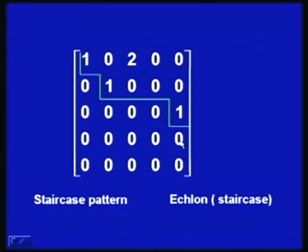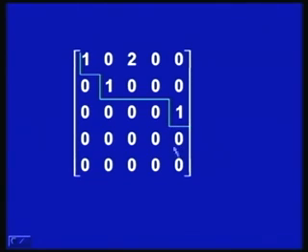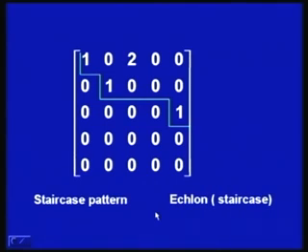So, in row reduced form, all elements below this boundary are 0, while the non-zero elements are on the upper side of this boundary. This boundary forms a staircase pattern, and that is why we call it an echelon form. So, this row reduced matrix is also called the echelon form.